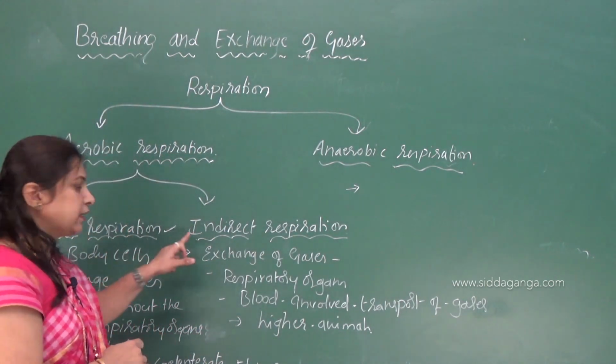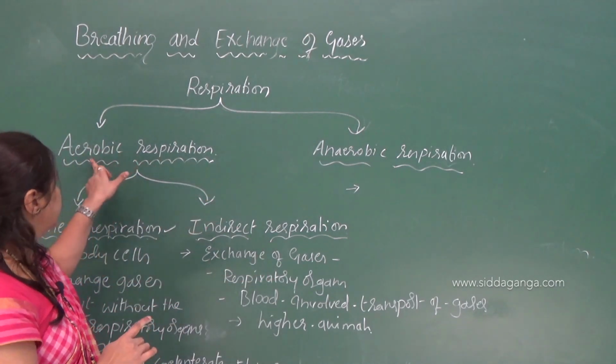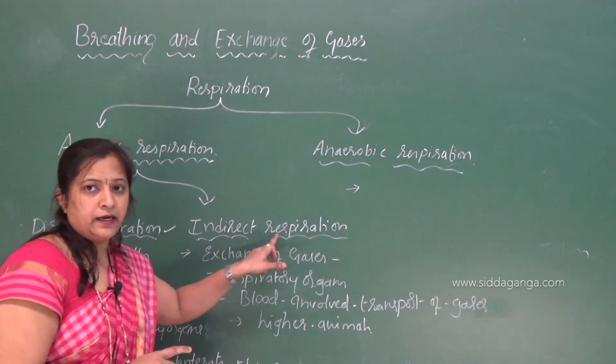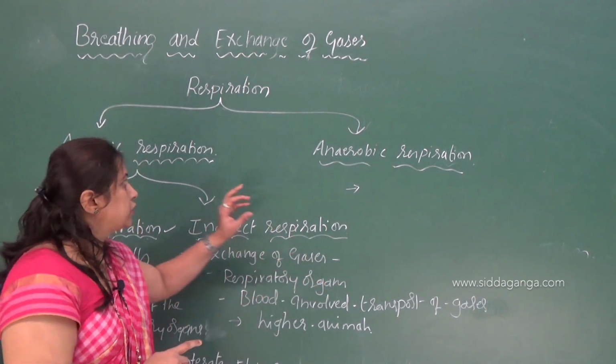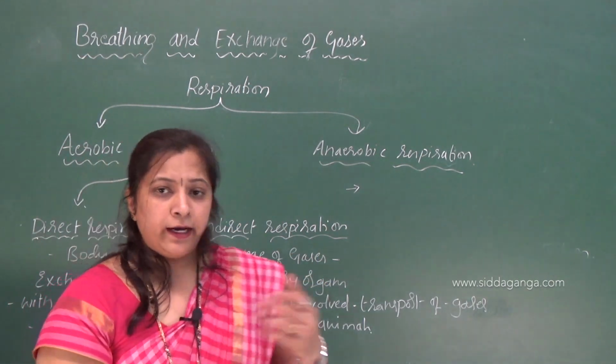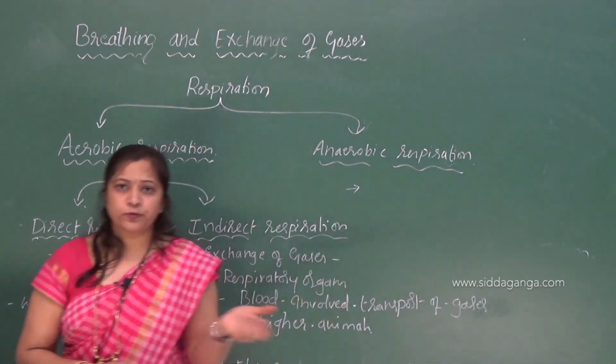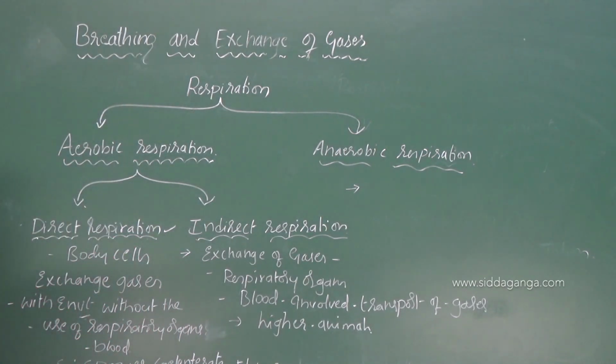And is it direct or indirect? It is indirect. So in human beings the respiration is aerobic and indirect. So these are the types of respiration. Now let us see the respiratory organs in different groups of animals.